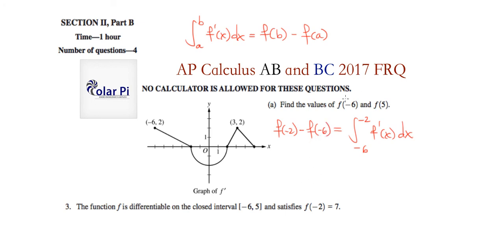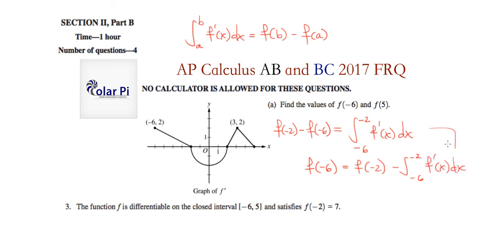Since we're looking for f of negative 6, we can solve this equation for f of negative 6, and you should find that f of negative 6 is equal to f of negative 2 minus the integral from negative 6 to negative 2 of f prime of x dx.